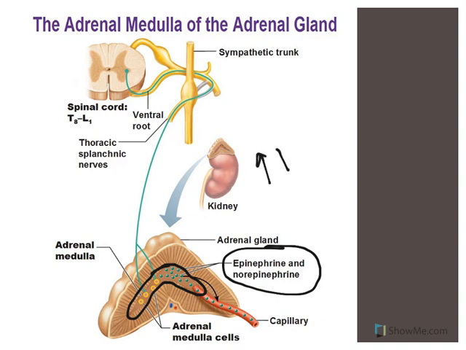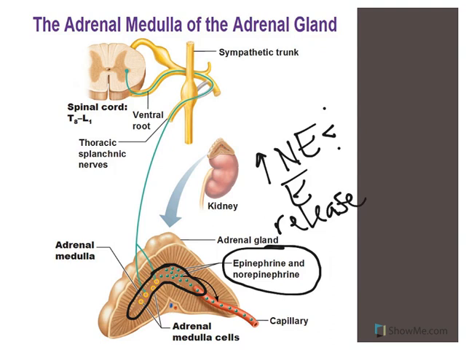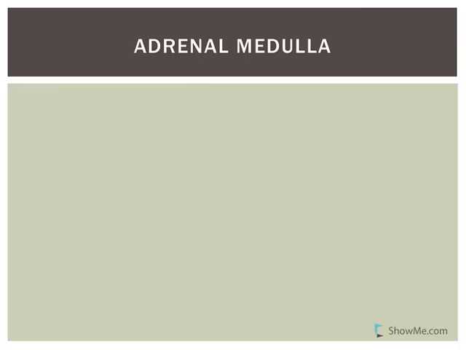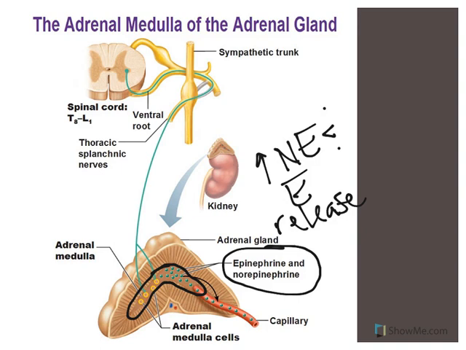So all it is with the adrenal medulla is you release norepinephrine and epinephrine into the bloodstream, they will have the similar effects as what we saw in everything else that we talked about, as long as there's a receptor for it. Okay, so if there's a receptor, then it will bind to it and have an effect. So it'll have similar effects as the previous. So this is going to be the last part of the physiology of the sympathetic nervous system.